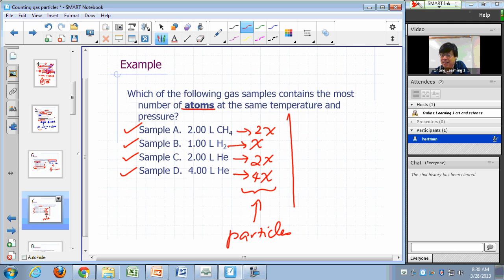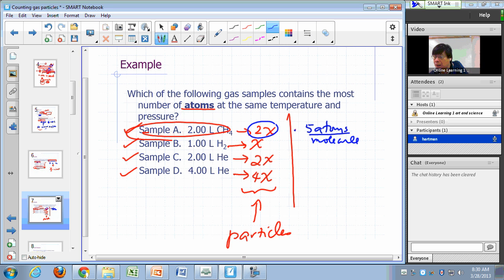Okay. Everybody said A. Why? Because for the actual number of atoms, you have to multiply this by 5 atoms per molecule, right? Because the actual count 2x here would be the number of molecules, since CH4 represents molecules. So 2 times 5, that would be 10x.